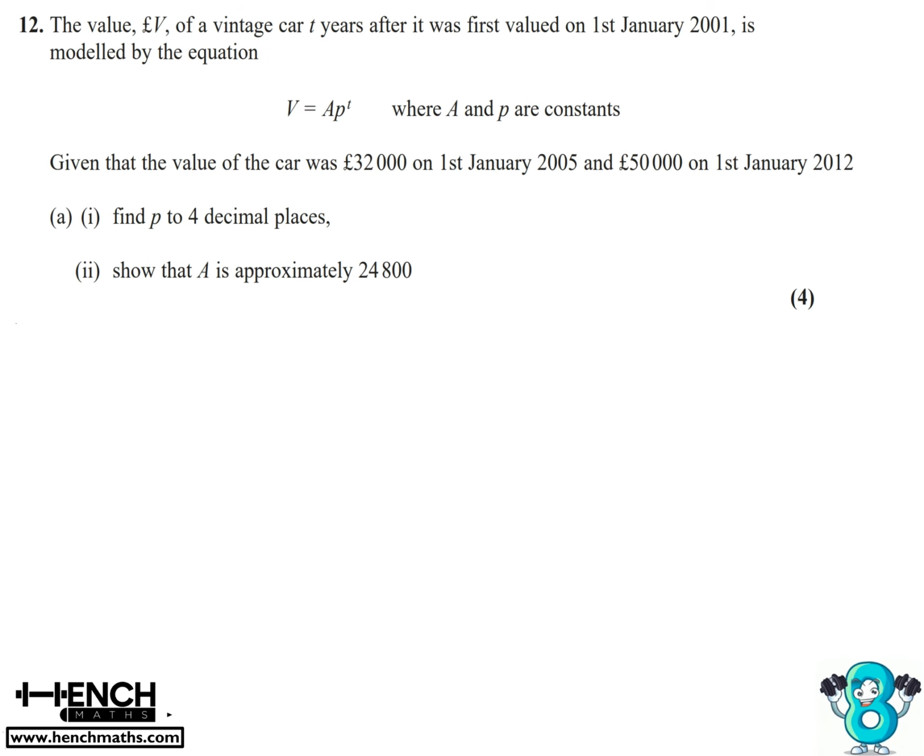So in part A, it says that the value of the car was 32,000 on the 1st of January 2005. If we started in 2001, this is 4 years, so T is 4 here. And then it's 50,000 in 2012, so T is 11 there. So let's make some equations and we can solve them simultaneously.